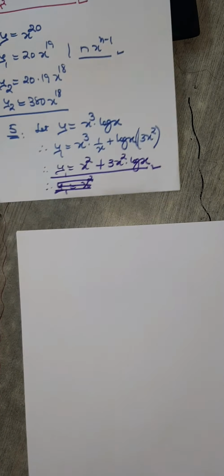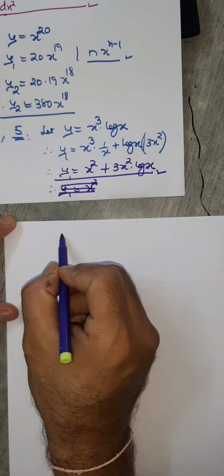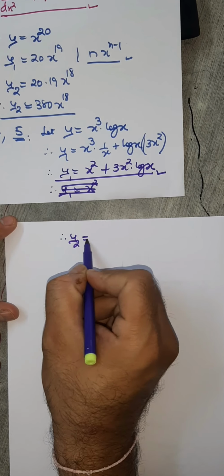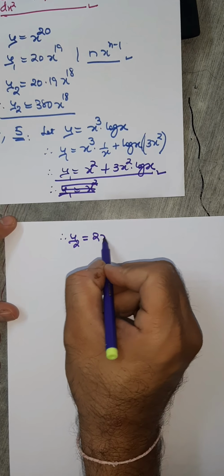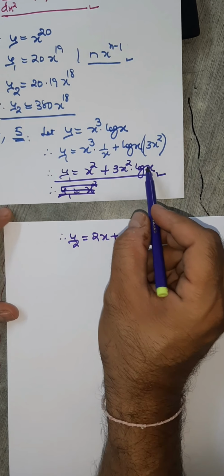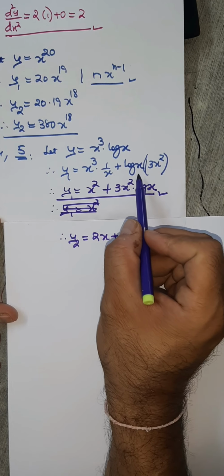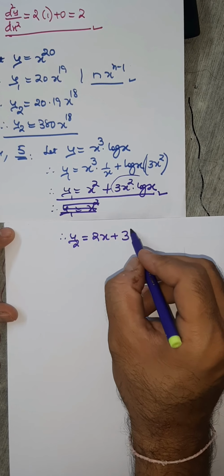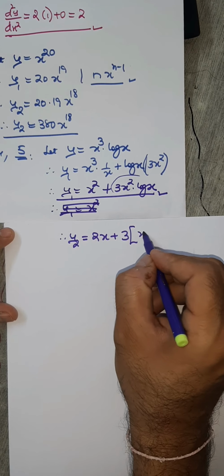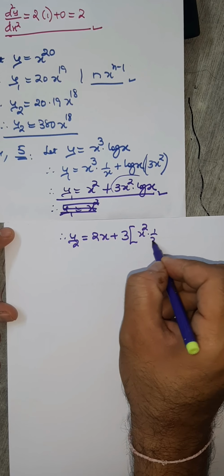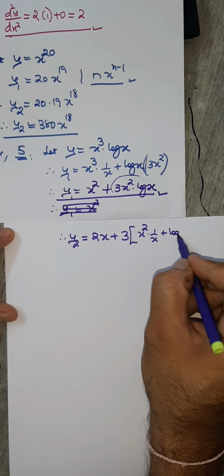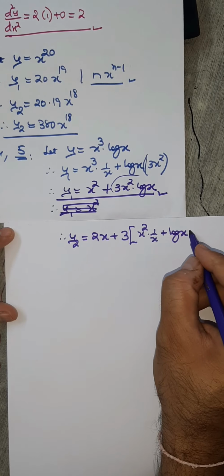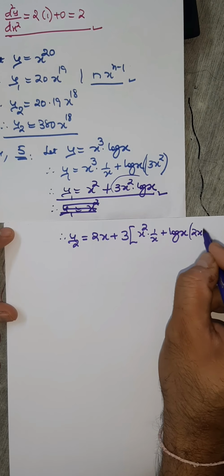So y2 will be here, y1 is this. So therefore y2 will be derivative of x squared, 2x. Here you need to use product rule, remember. 3 as it is. Now here product rule, x squared as it is, derivative of log x 1 upon x, plus log x as it is. What's the derivative of x squared? 2x.